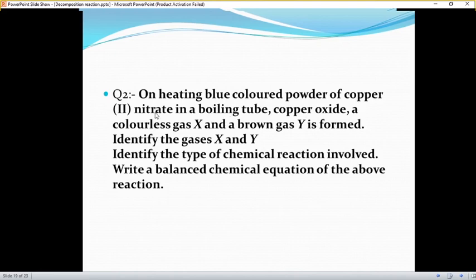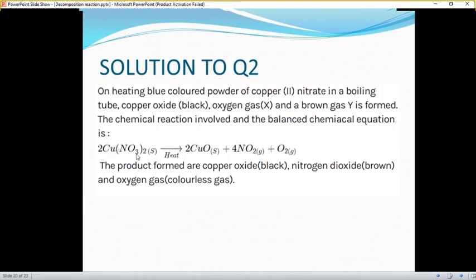So copper nitrate is decomposing into copper oxide and the gases X and Y. Y we know is a brown gas, so it's NO2. Let's look at the solution. So copper nitrate is breaking down into copper oxide, nitrogen dioxide, which is giving brown fumes, and O2, that is oxygen. Now copper oxide, you must remember, is black in color. Y, the gas brown in color, is nitrogen dioxide. So this is the solution of our question number 2.